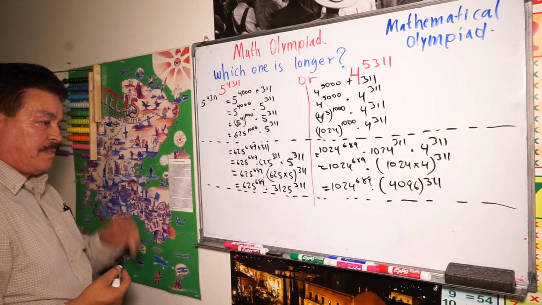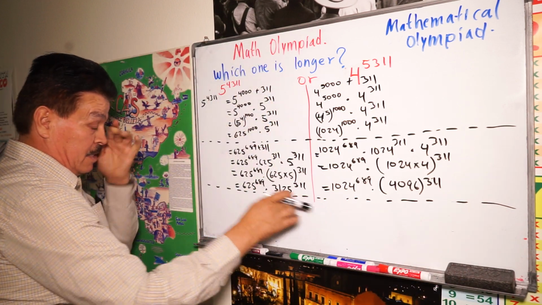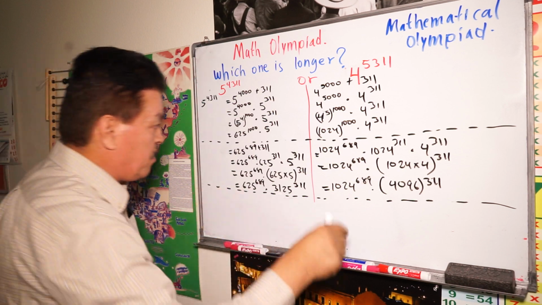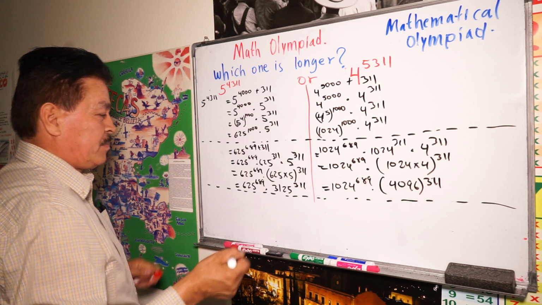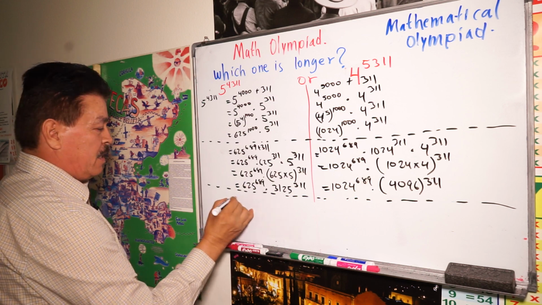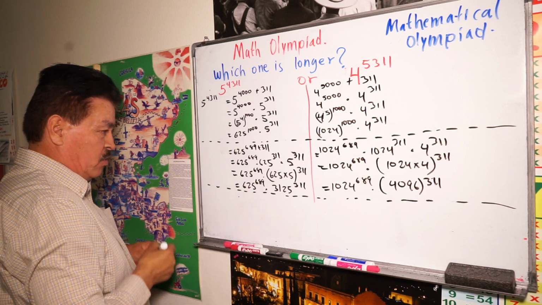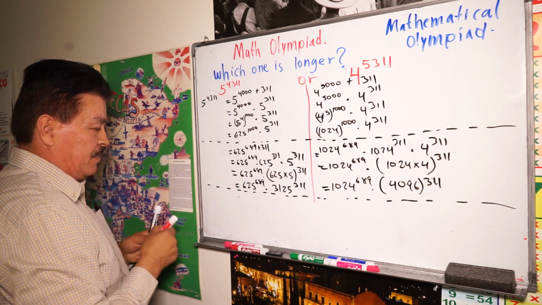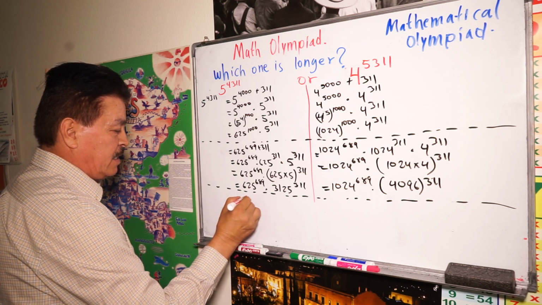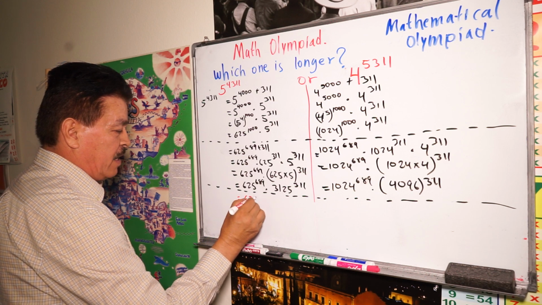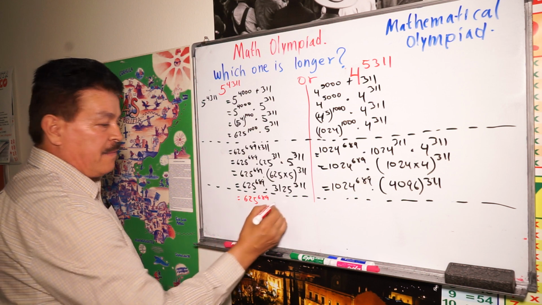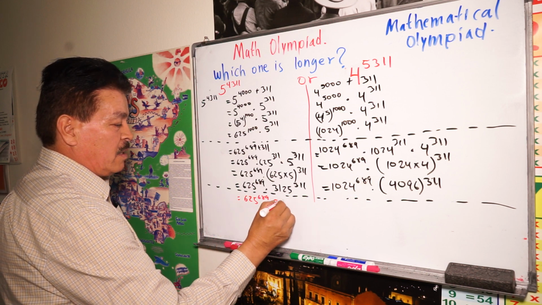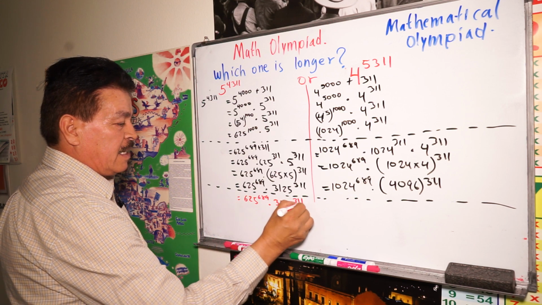So now, just keep going. Not the conclusion yet. We have 625 to the 689 times 125 to the 311, right?